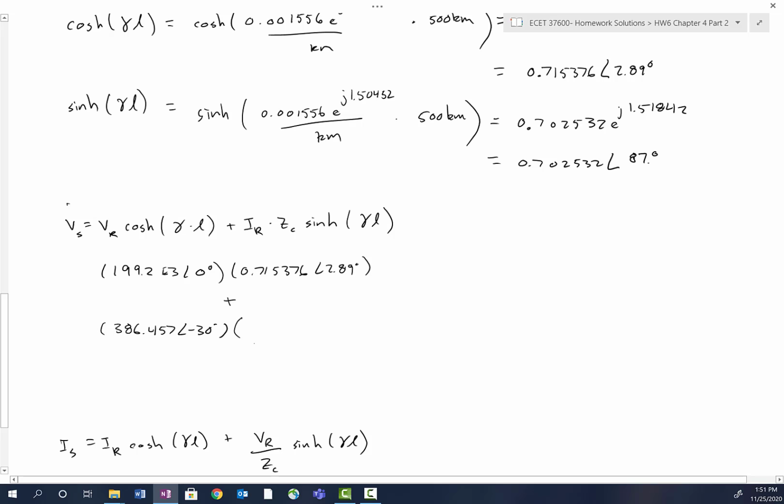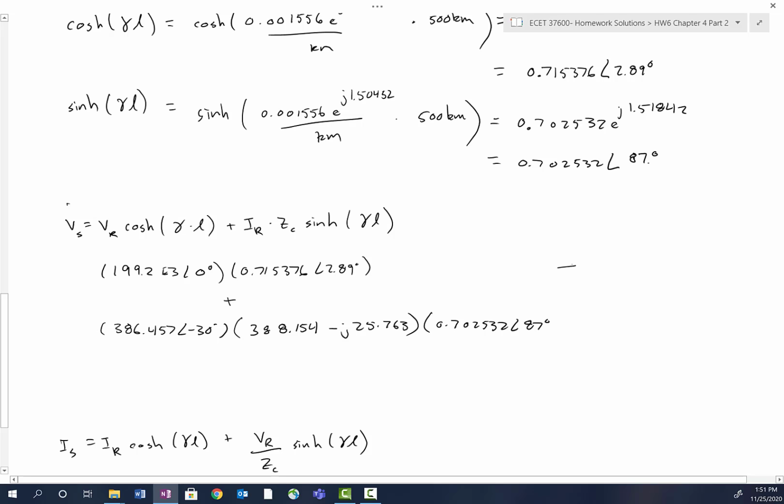We need to multiply that by the characteristic impedance that we calculated for the transmission line. That was 388.154 minus j 25.763 ohms. And now we need to multiply by the sinh term that we just calculated, 0.702532 angle 87 degrees.